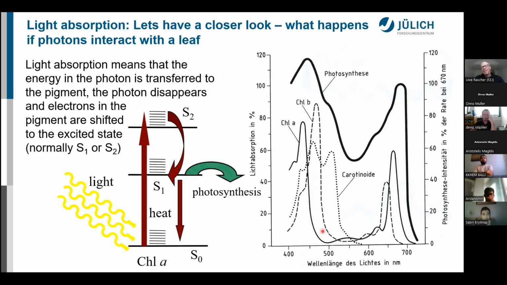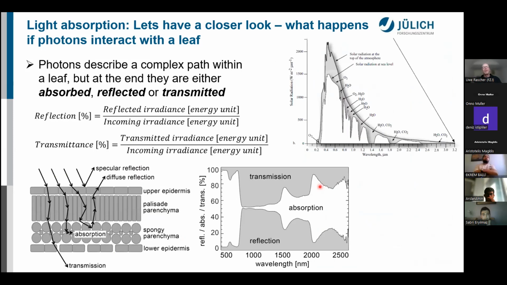And this specific absorption feature of every pigment, that's what we try to use in spectroscopy. So we really try to understand what is the specific wavelength-specific interaction of every molecule with the photons, to then use this information of absorbance to understand what pigments, what constituents are available in a plant.